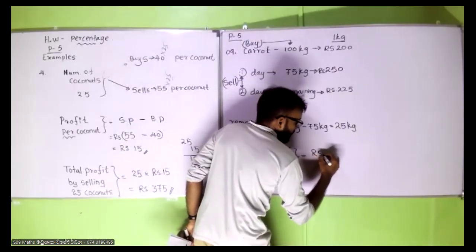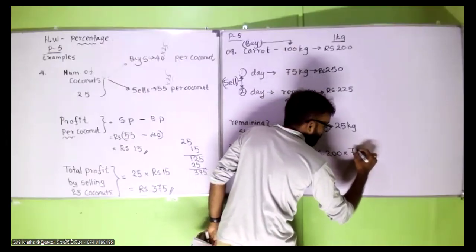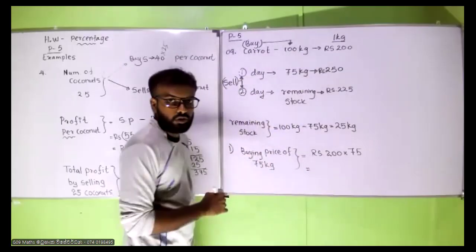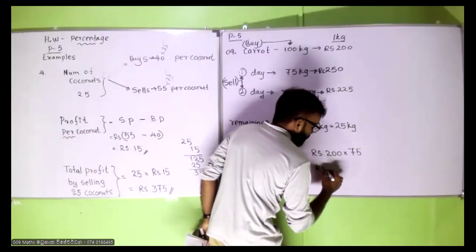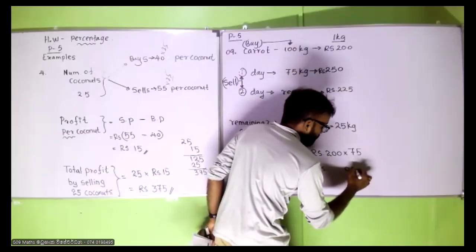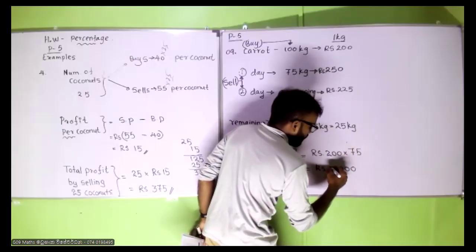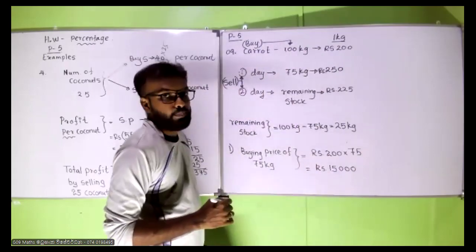I am going to multiply this 200 rupees by 75 kilograms so that I can calculate the buying price of 75 kilograms of carrot, right? So how much money? 15,000 rupees is the buying price.